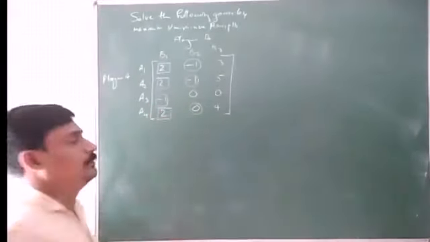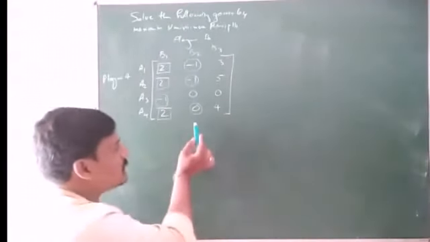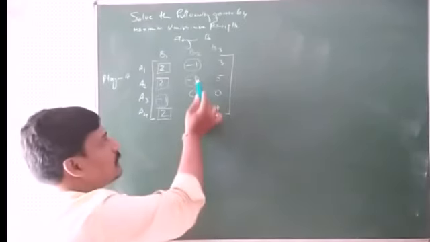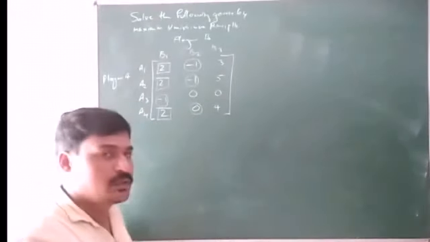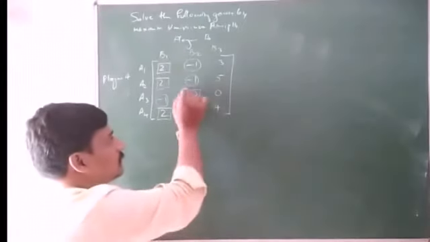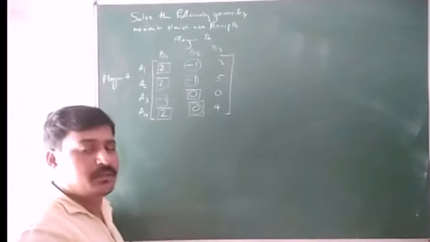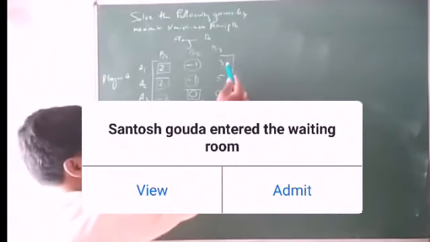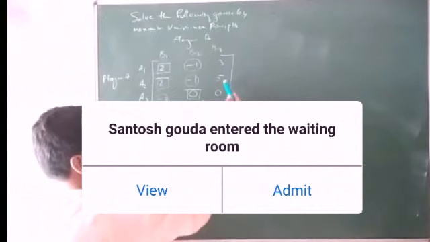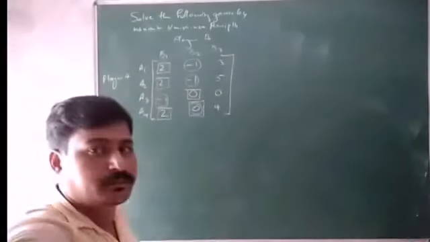Box them. Next, second column, -1, -1, 0, 0. Maximum is 0. We have two zeros, both marked with the box. And the last, third column, 3, 5, 0, 4. So maximum is 5.